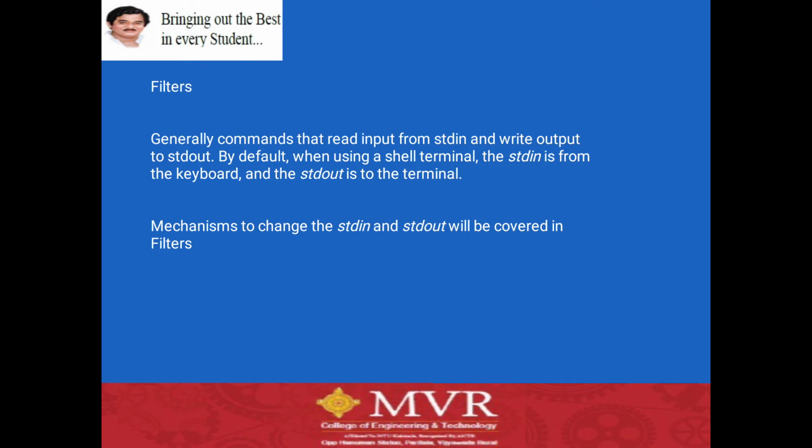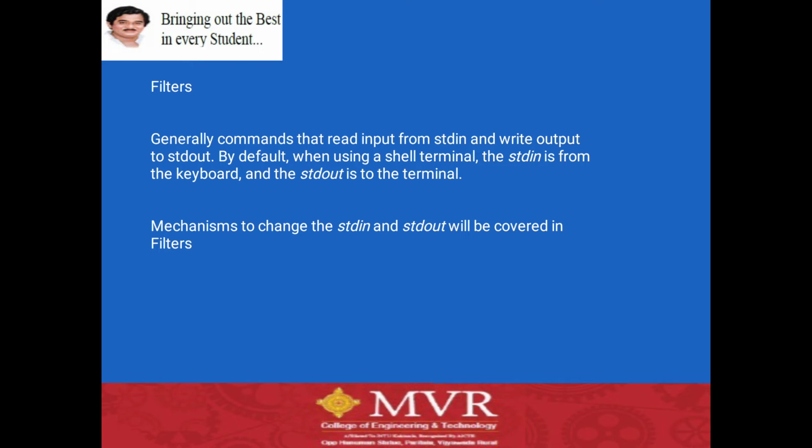Those are called standard input and standard output: the keyboard is the standard input and the terminal or monitor is the standard output. So these filters can change them. What we can do with filters is change the standard input and standard output. That means we can take input other than the keyboard, and also display the output other than the monitor.